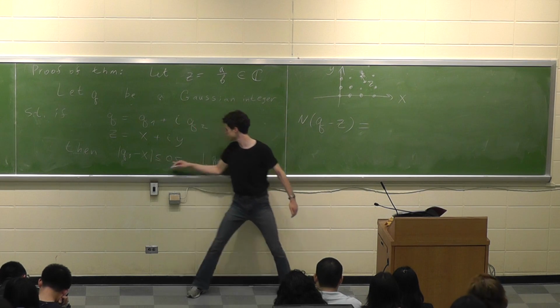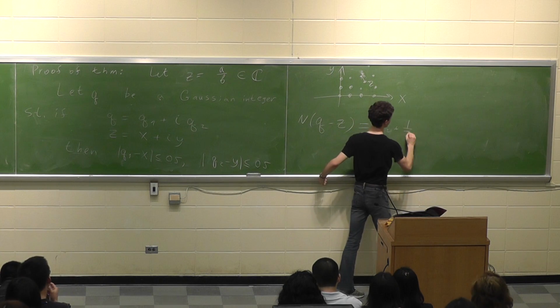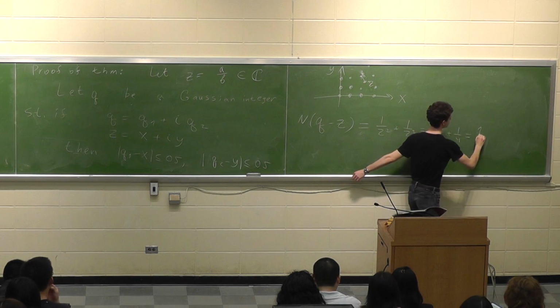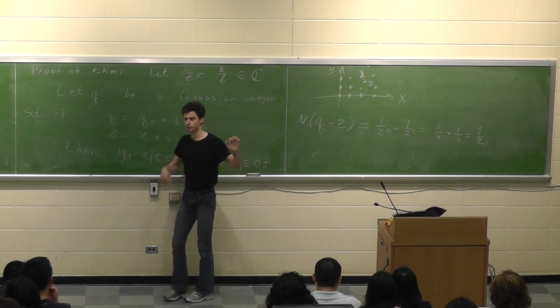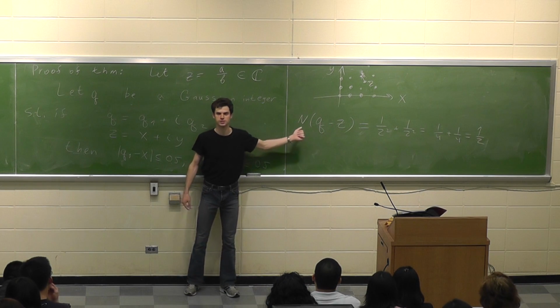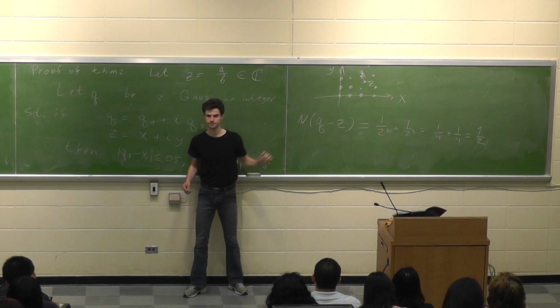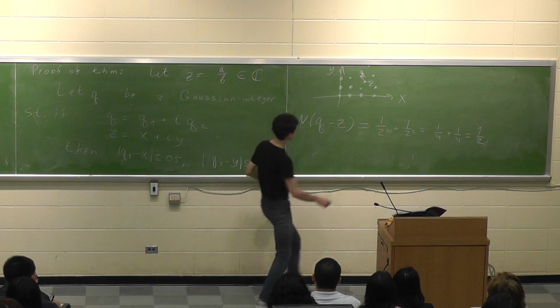Each of the coordinates of the difference is at most 1/2. So this is 1/4 plus another quarter. The square of the distance between the actual quotient and our approximation is at most 1/2.